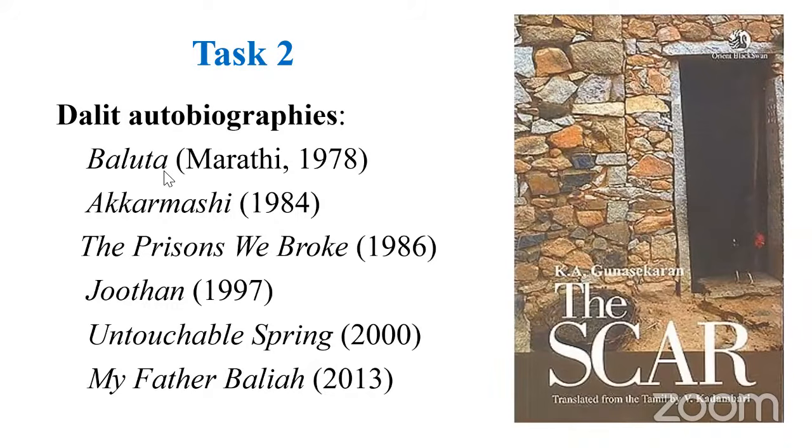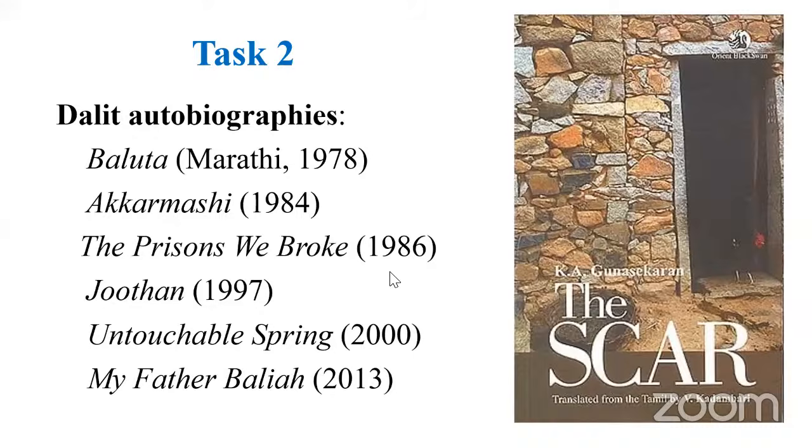We have Scar, Vadu in Tamil, translated as The Scar in English. Then Baluta from Marathi, then Akkarmashi, then The Prison We Broke, Joothan, a very significant one, then Untouchable Spring, then My Father Baliah. You might have come across this work if you watched superstar Rajinikanth's Kabali, where he reads this book, My Father Baliah. So what you have to do is find out the authors of these autobiographies.